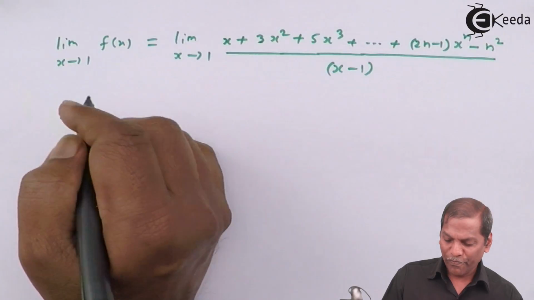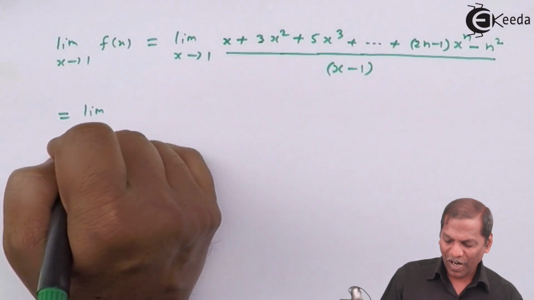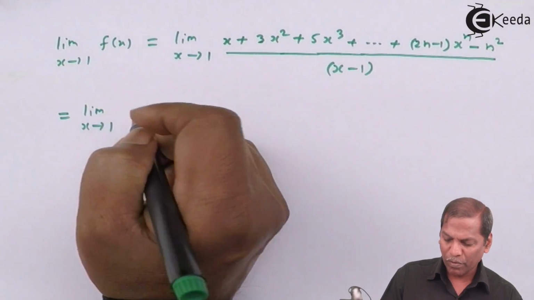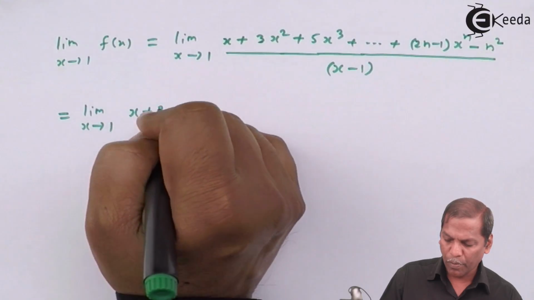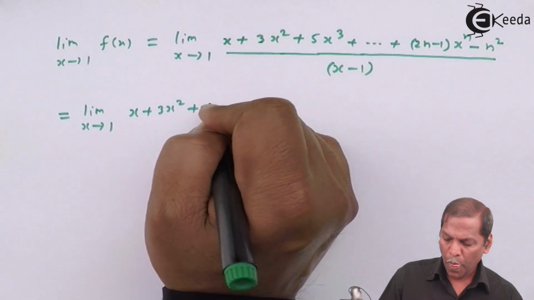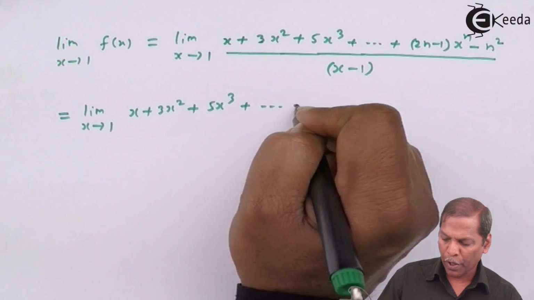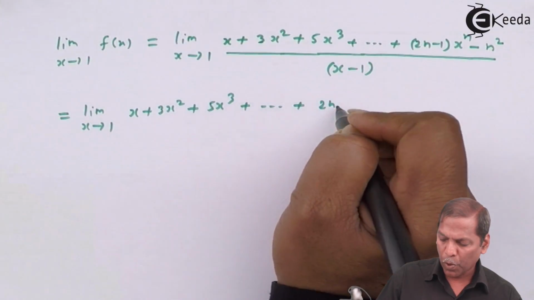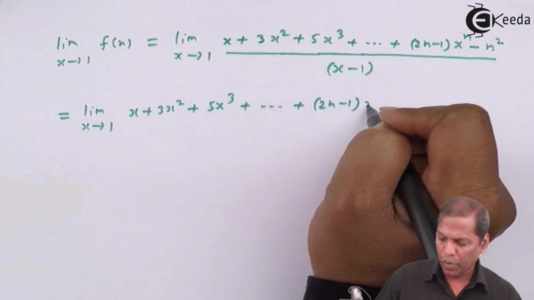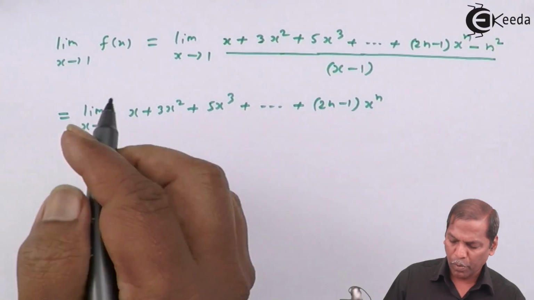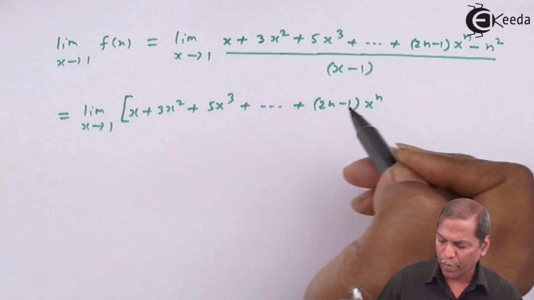So that equals limit x tends to 1, x plus 3x square plus 5x cube plus going on plus 2n minus 1 into x raised n. So this term we write in one bracket.